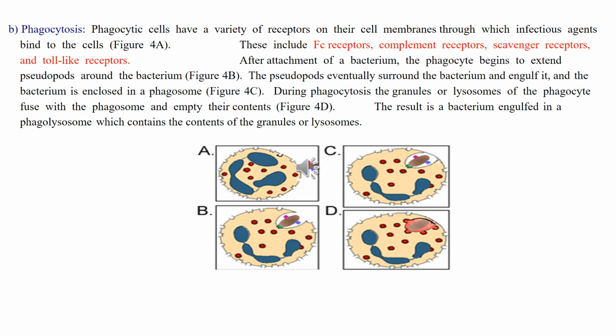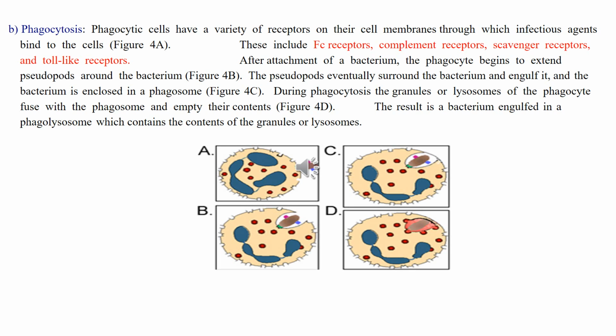Now we will talk about some details on phagocytosis and engulfment of the bacterium. Phagocytic cells have receptors such as Fc receptors, complement receptors, scavenger receptors, and toll-like receptors. After attachment of the bacterium, the phagocytes extend the pseudopods around it and engulf it, enclosing the bacterium in a phagosome.